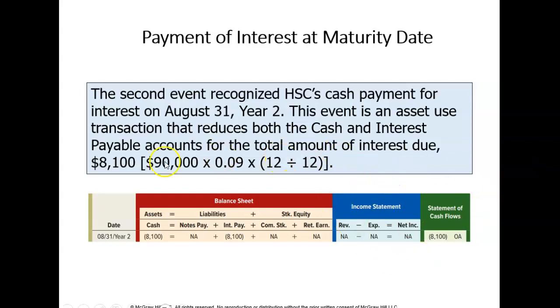So the total interest owed is 8,100. So our cash account would decrease by 8,100. Interest payable, because now we're paying the interest owed, would decrease by 8,100. Now your statement of cash flow, you're going to have an outflow of $8,100 shown as an operating activity.